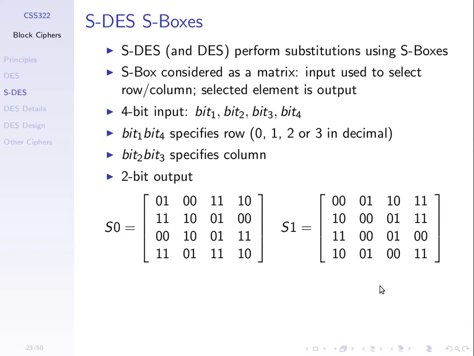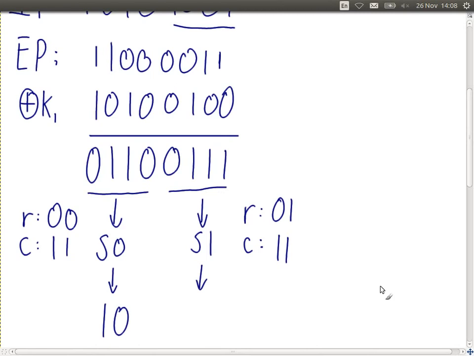In S box S1, the second row, 0, 1, the last column, 1, 1, produce output 1, 1. Okay. Just a lookup on that matrix, our substitution.